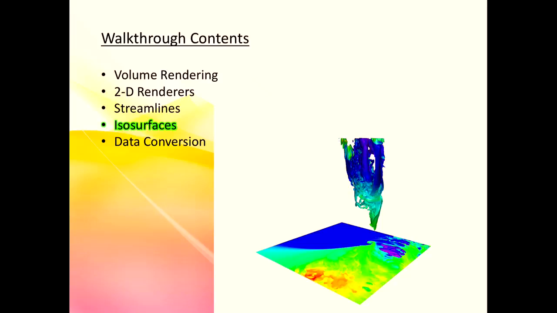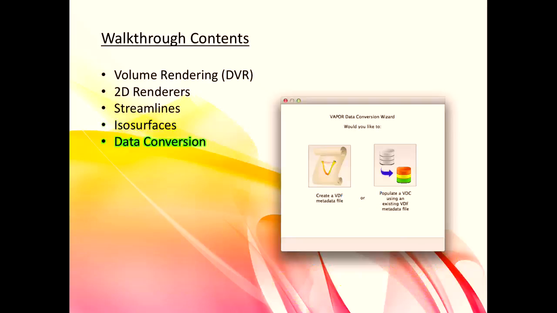The last thing we'll cover is Vapor's data conversion process. I should talk about how one of Vapor's most important features is its data format. Vapor's VDC stands for the Vapor Data Collection.